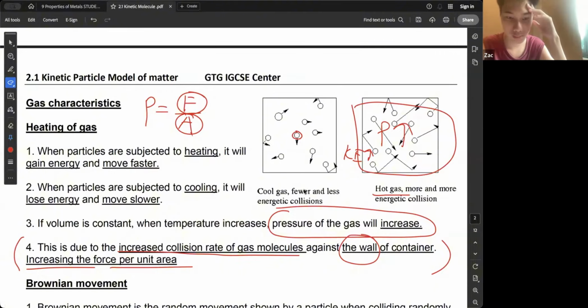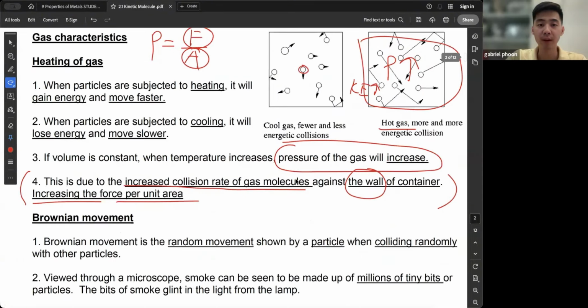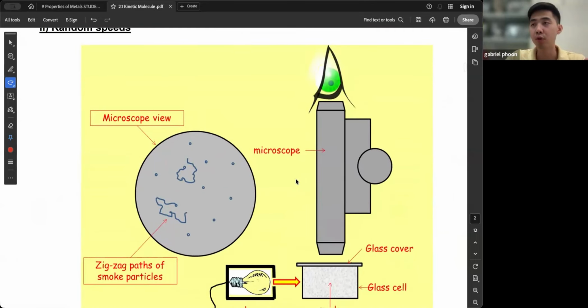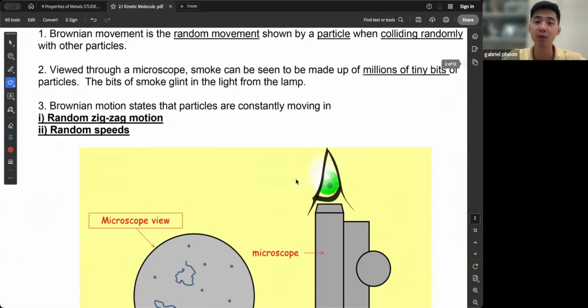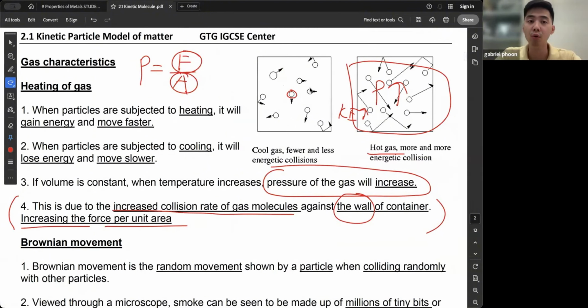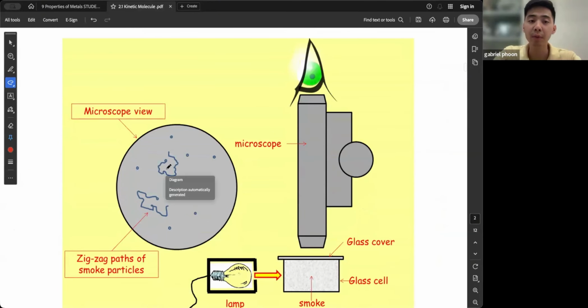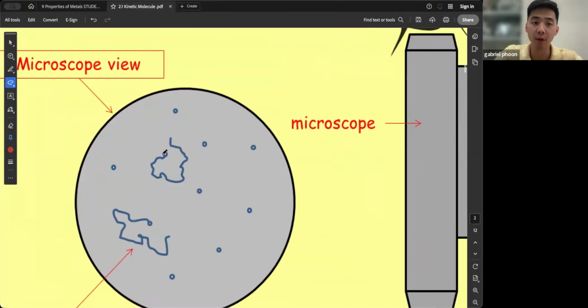Okay, then moving on to the next part here, which is Brownian motion. Now, in your exam, Brownian motion is not what we learned just now. Just now we said that the particles will only collide against the wall and change direction. In reality, that doesn't really happen. Even before it collides against the wall, if I trace this particle here, it will move in random zigzag motions.